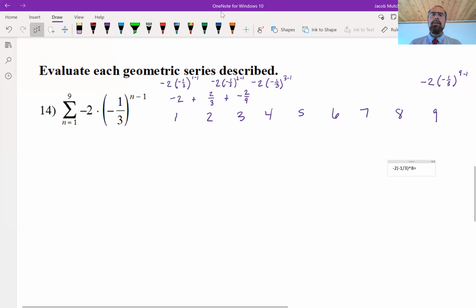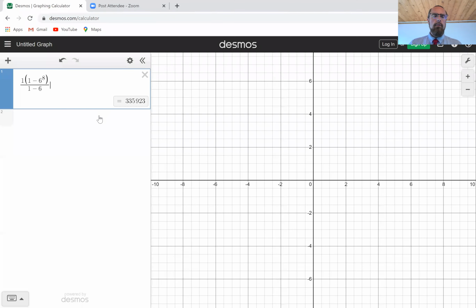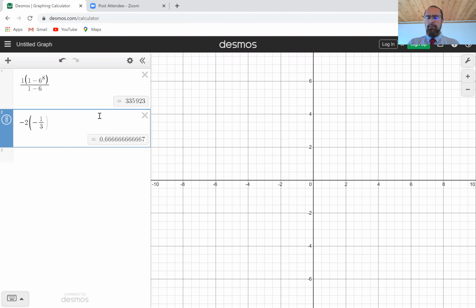So let's just take it to Desmos real quick. We'll put in -2 times -1/3 to the power of 8. And we want that as a fraction.